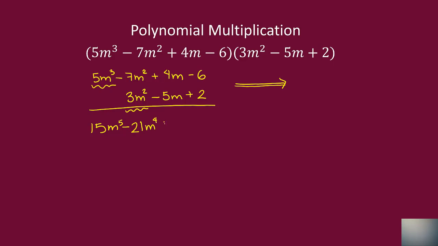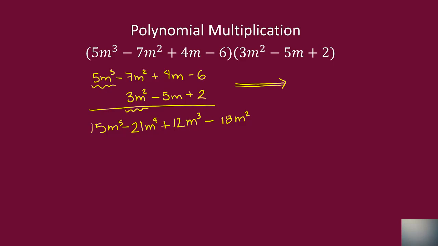Positive times positive, positive. 3 times 4 gives us 12. M second power times m is m third power because I added the exponents 2 and 1. And now I multiply the 3m squared times the last term, which is minus 6. Positive times negative, negative. 3 times 6, 18. And I keep the m second power.